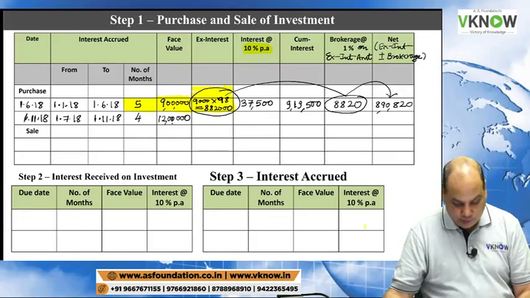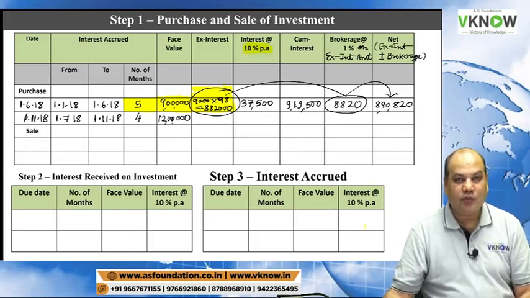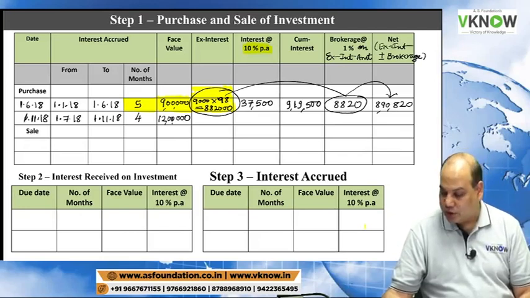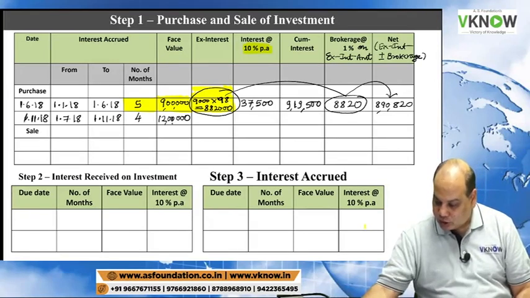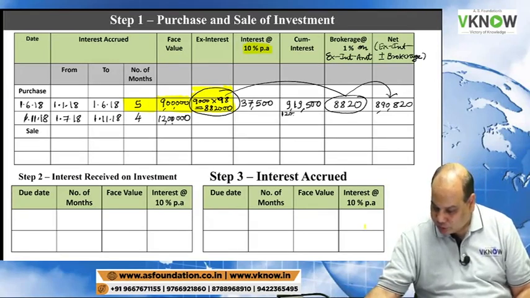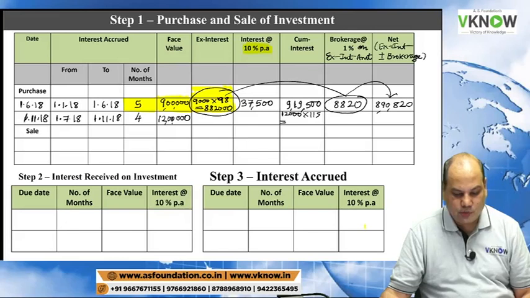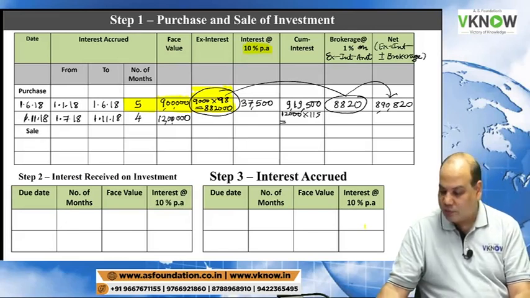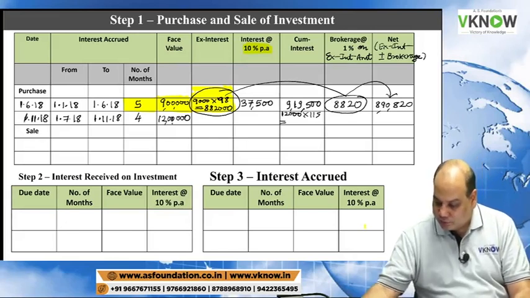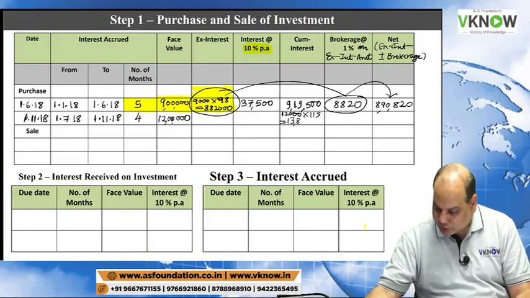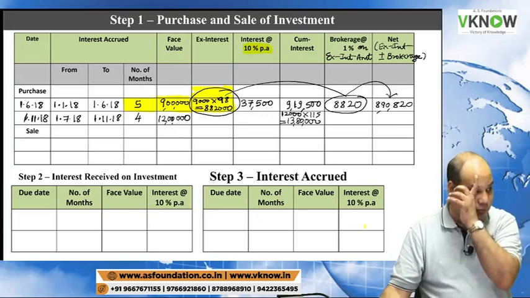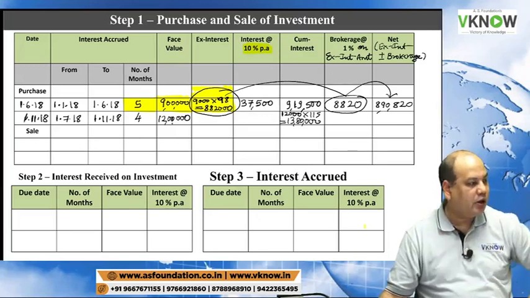You will find it is 115 cum interest. Multiply 12,000 into 115 in the cum interest column. Come on, answer. 12,000 into 115 is 13 lakh 80,000. Very good.